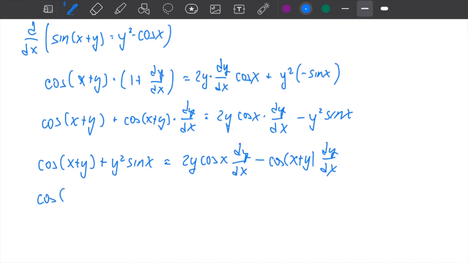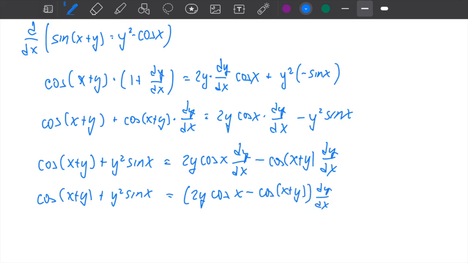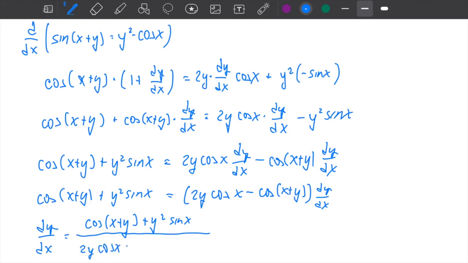That's cos of x plus y plus y squared sine x equals 2y cos x subtract cos of x plus y, multiplied by dy dx. Be extra careful with your parentheses, and then we'll divide. We've got dy dx equals cosine of x plus y plus y squared sine x, all divided by the other statement, 2y cos x minus cos of x plus y.